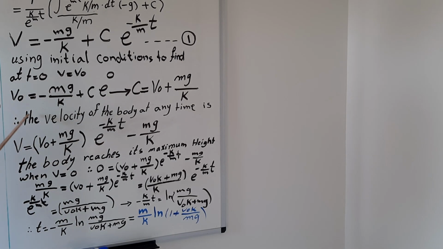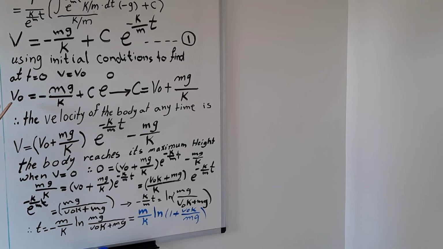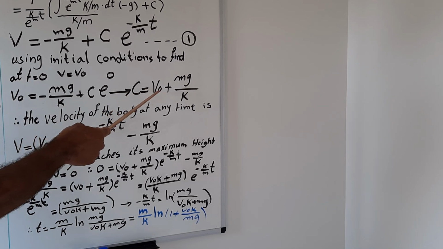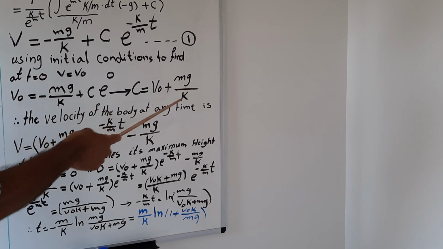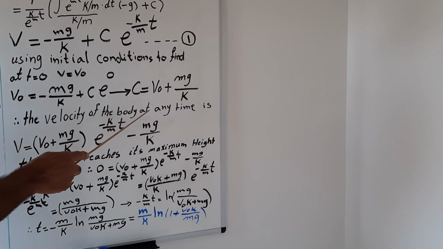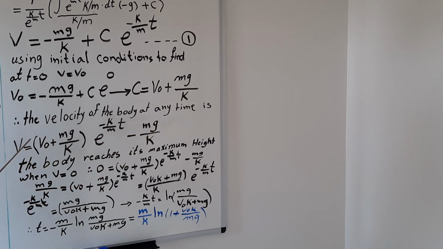So we plug this in the solution. We put v equal v naught, and then we found out c equals v naught plus mg over k. Therefore, the velocity of the body at any time is v equals this equation.